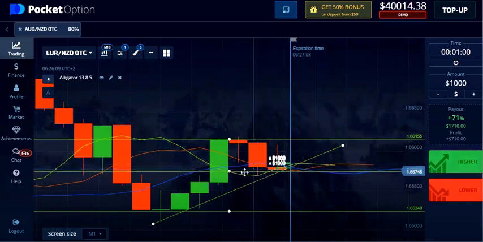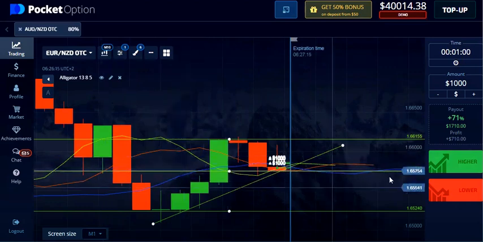I'm pretty sure that it won't be able to break this line. It's a strong resistance point for every pair. It will go back.